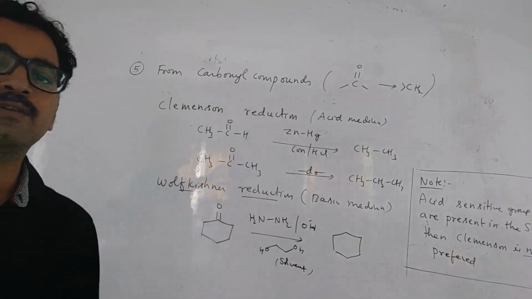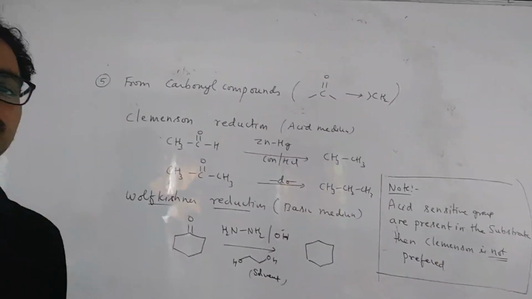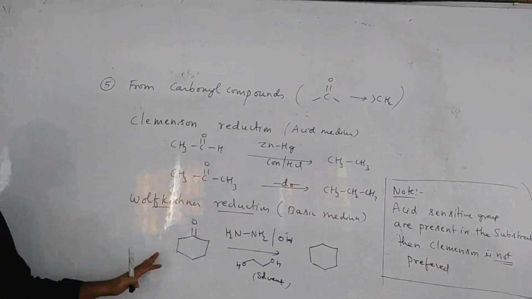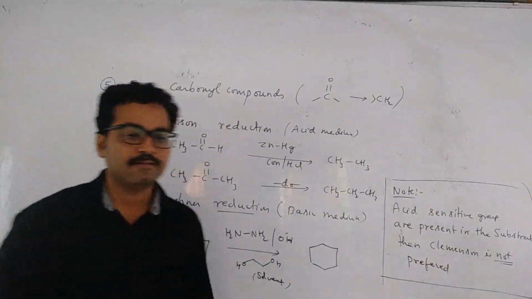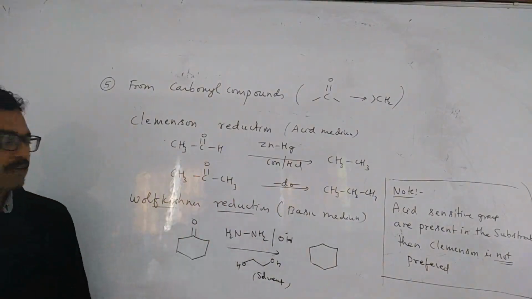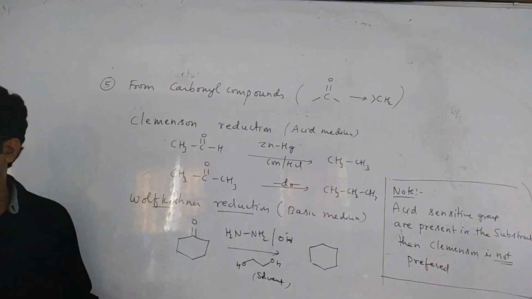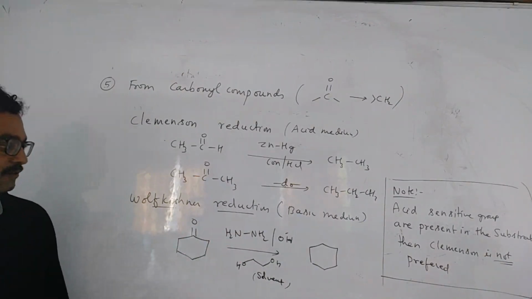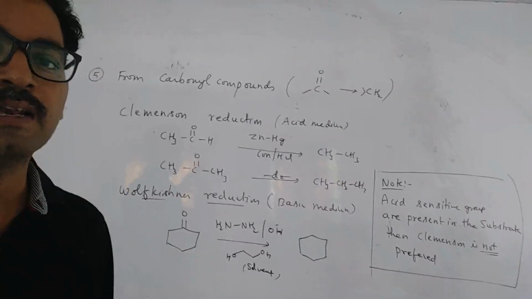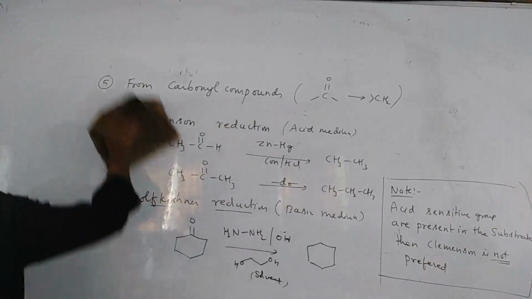Whenever acid sensitive groups are present in the substrate, we cannot use Clemmensen. Same way, whenever base sensitive groups are present in the substrate, Wolff-Kishner is not used. I will give you some examples to remember what acid sensitive groups and base sensitive groups are.